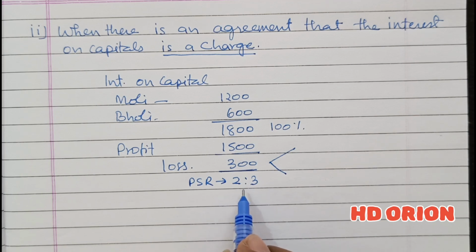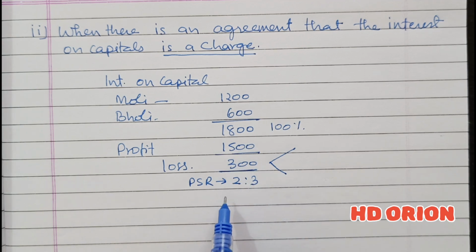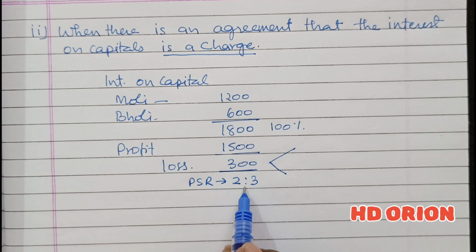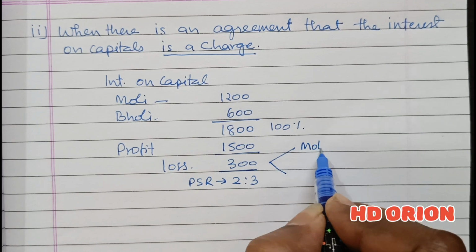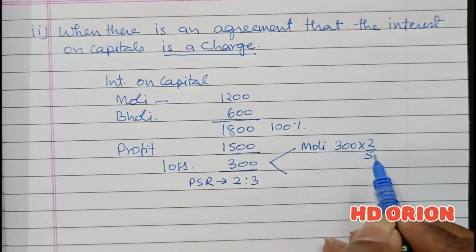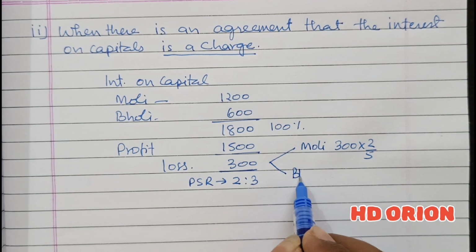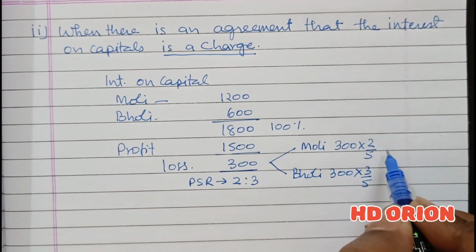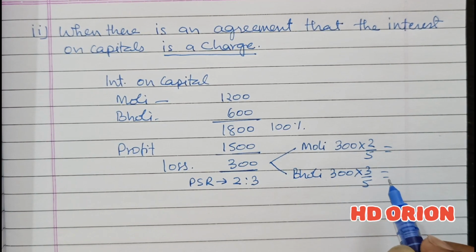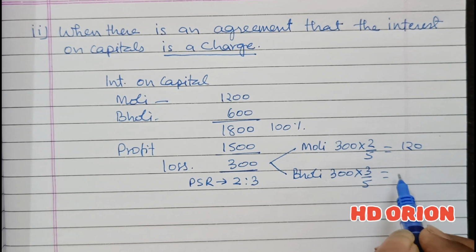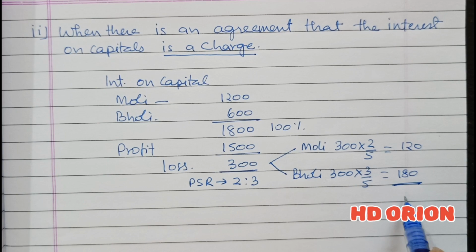In the first case we divided 1500 in interest on capital ratio, but here because it is a loss, it is not interest on capital. So this loss is to be given to the partners in their profit sharing ratio. So out of 300, 2/5 portion will go to Molly, and out of 300, 3 by 5 will go to Bholi, and therefore the loss is rupees 120 for the first partner and rupees 180 for the second partner.